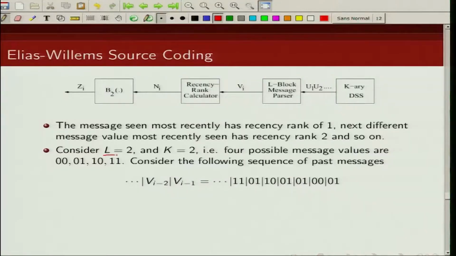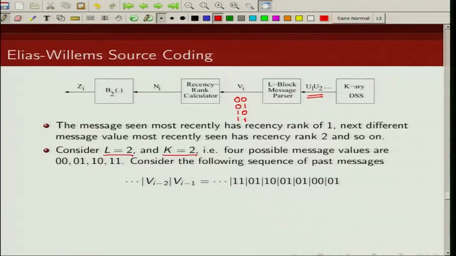We are considering a block of length 2, and let us consider a binary discrete stationary source. So the ui's are essentially zeros and ones, and since my block length is 2, the possible vi's could be 0 0, 0 1, 1 0 or 1 1.